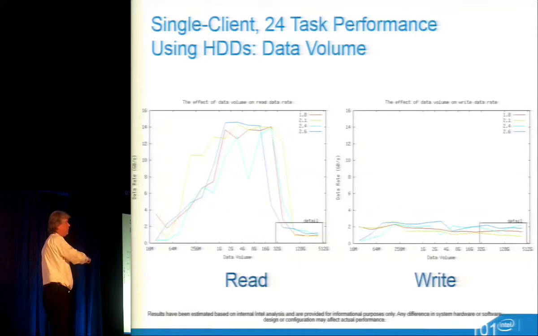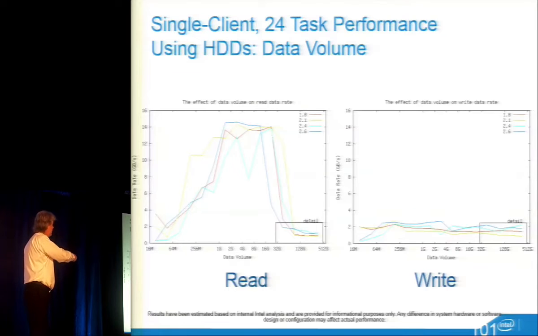Now I'm doing 24 tasks on the CPU. I believe this is still stripe count 1 for each task, file per process. Again you see a caching effect. It's now willing to cache more, so the cliff on the right is a bit further to the right. It was at 32 gigabytes, and now it's maybe at 128 gigabytes.